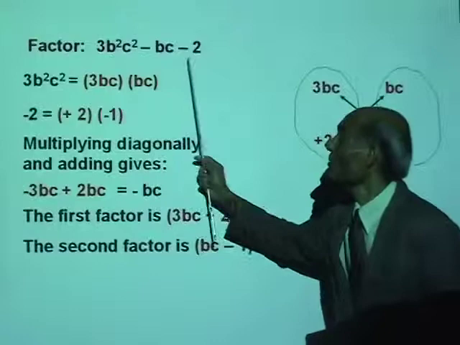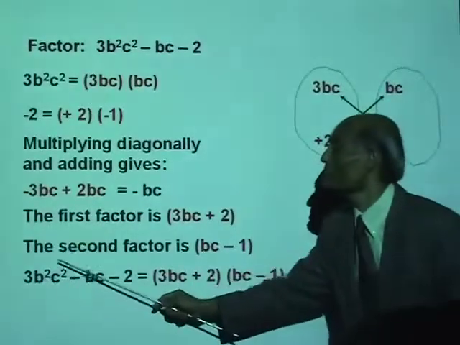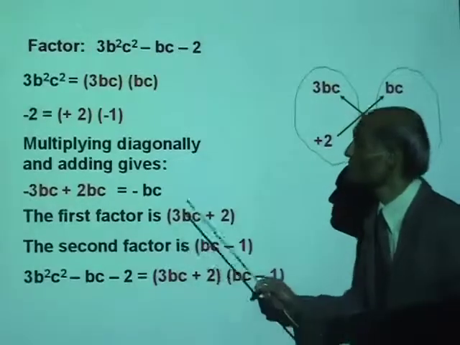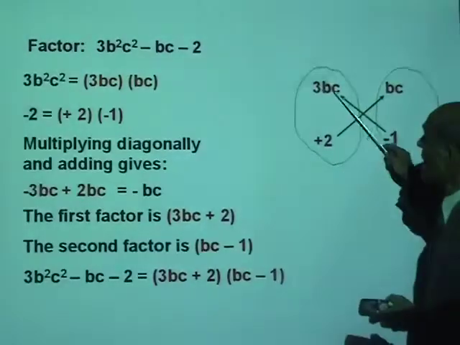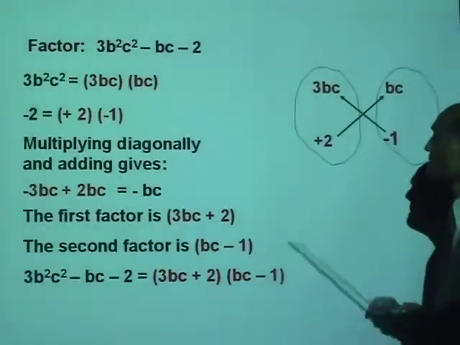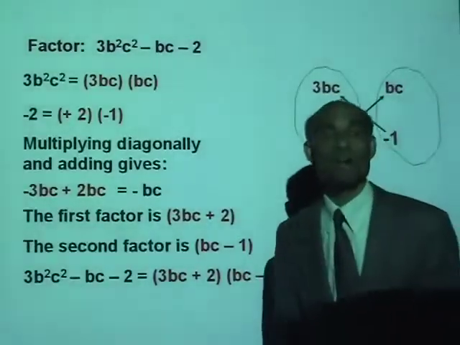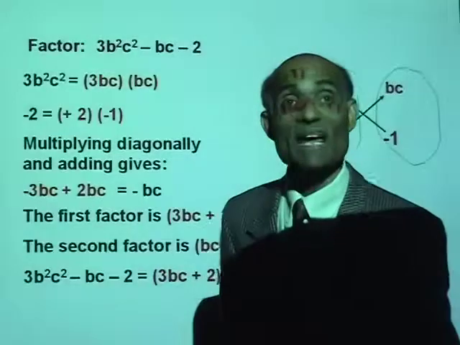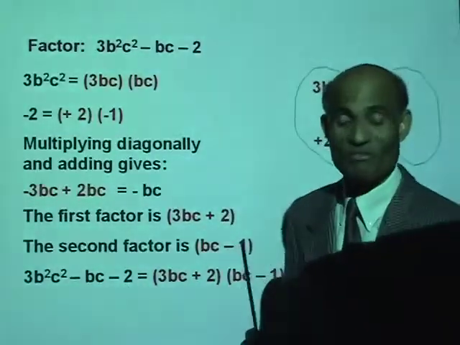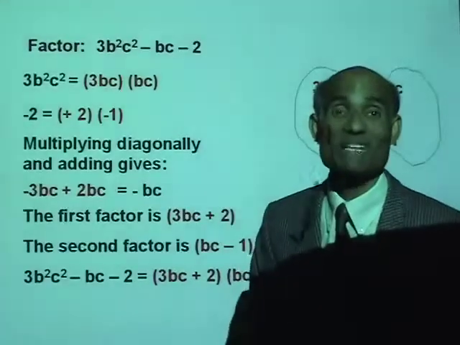Therefore, this trinomial expression 3b squared c squared minus bc minus 2 is factored as 3bc plus 2 times bc minus 1. Now, we have done a number of varieties of trinomial factoring in this lesson.